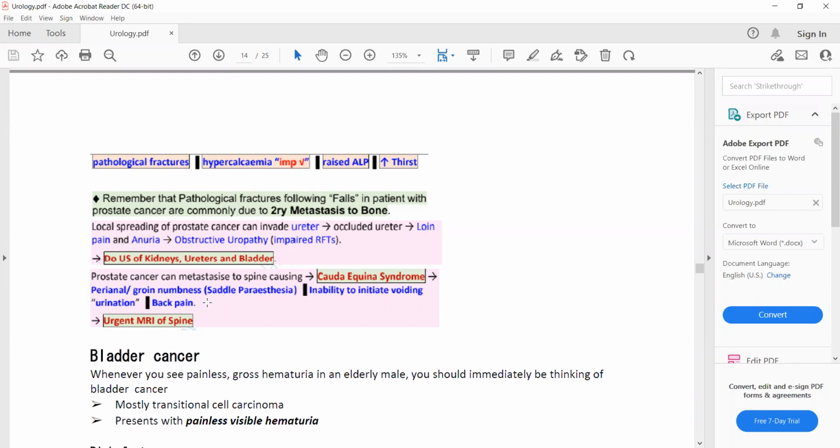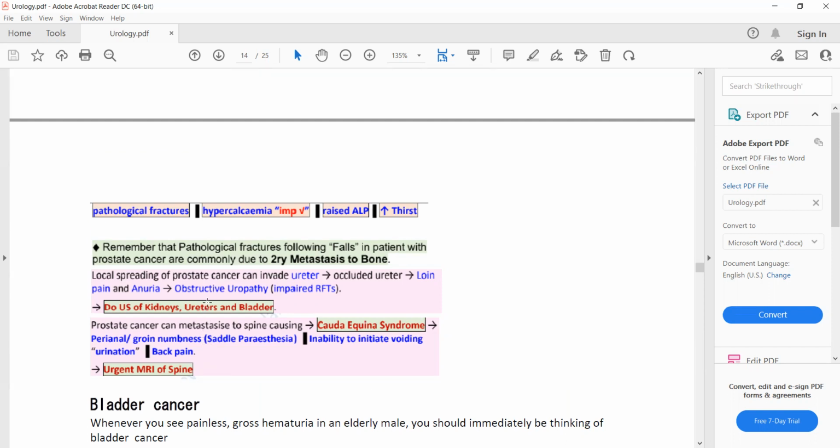So back pain with nerve involvement signs such as perianal groin numbness and inability to initiate voiding, then it is cauda equina syndrome. And in this case, I will order an urgent MRI of the spine. And if there is only back pain and no signs of nerve involvement, no numbness or no inability to initiate voiding, then we will go for an isotope scan.